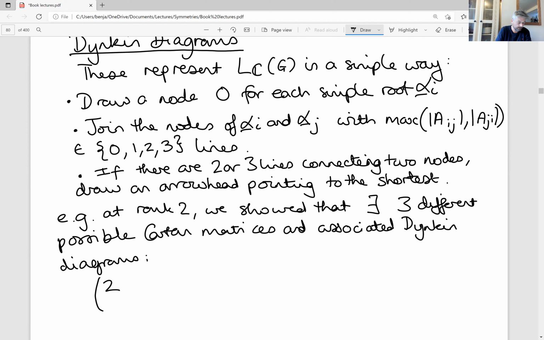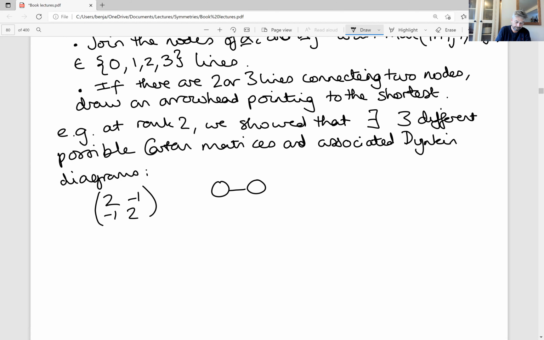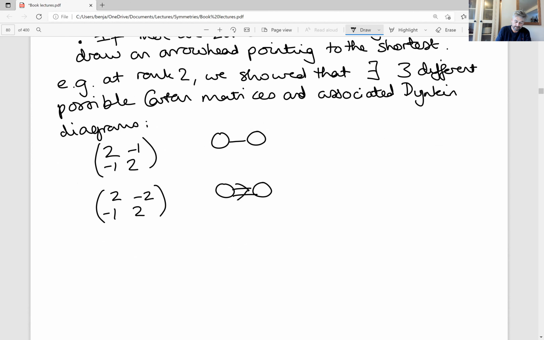So we have this one, which is just represented by 2 nodes with a single line between them. We can have this. Again, we have 2 nodes, but now we have 2 lines between them, and there's an arrow pointing to the shortest node, the shortest simple root. Or we can have the following.